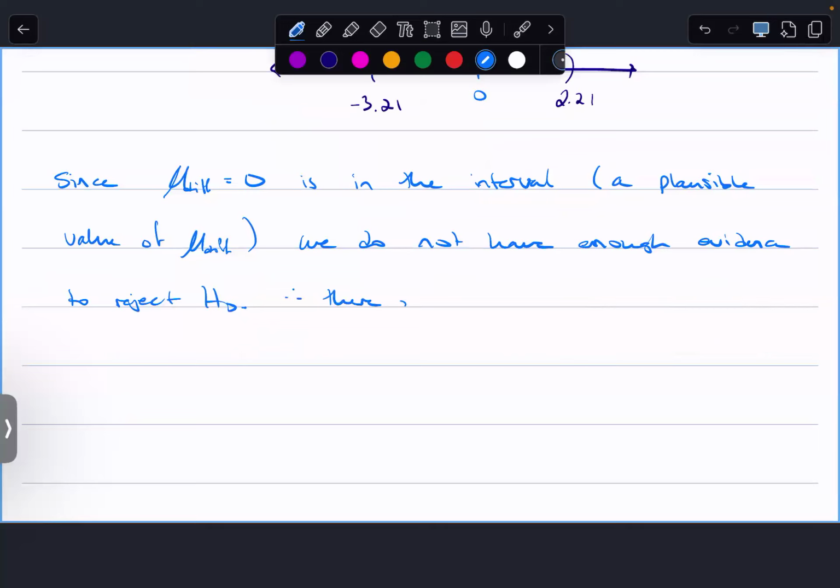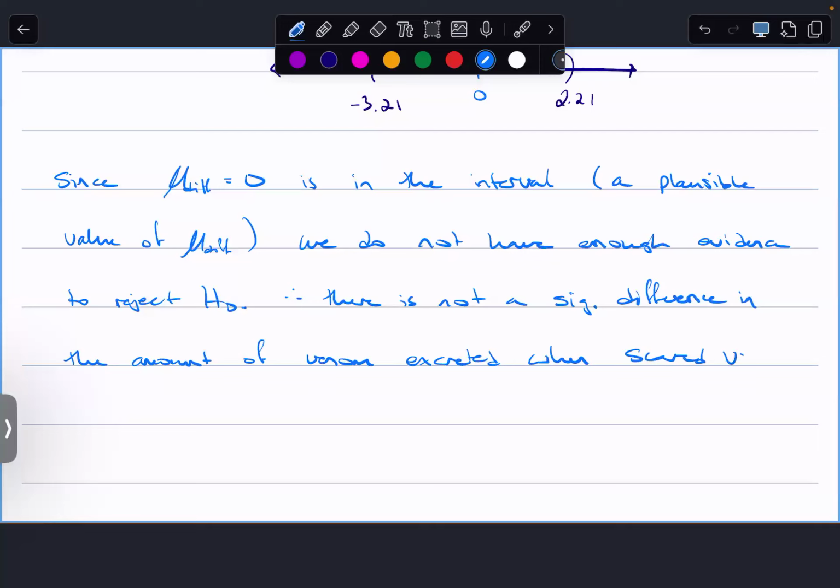Therefore, there is not a significant difference in the amount of venom excreted when scared versus angry.